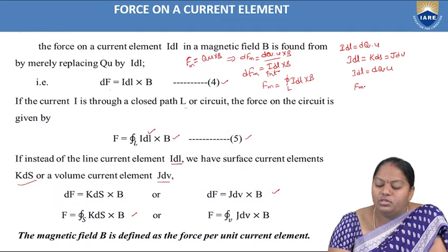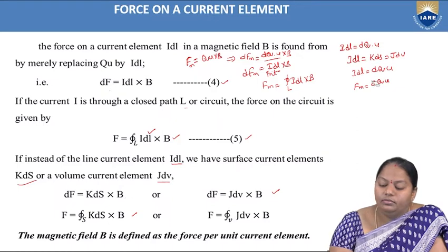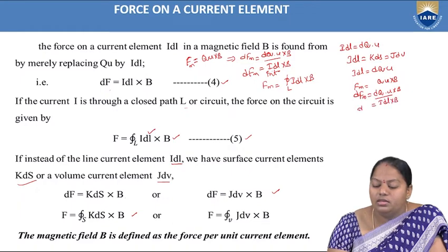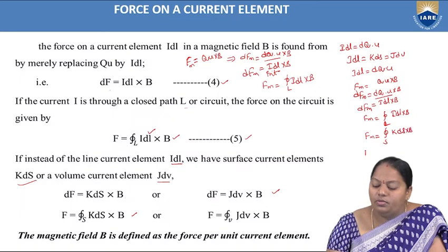Then according to magnetic force, Fm is equal to q into u cross B. Then if we differentiate both sides, dFm is equal to dq u cross B. Then if you substitute dq u by I dl, then dFm is I dl cross B. Or from this, Fm means the closed line integral L I dl cross B for line, and Fm equal to the closed surface integral S K dS cross B, and for the volume it is Fm equal to the integral V J dV cross B.